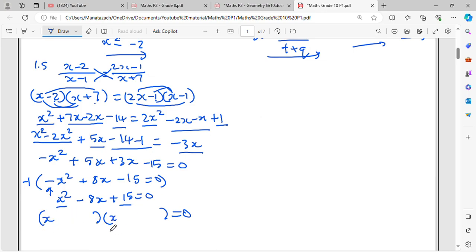The factors for 15 is 5 times 3. Since 15 is positive, both of the signs will be negative. Right, so here we can easily say x is equal to 5 or x is equal to 3.